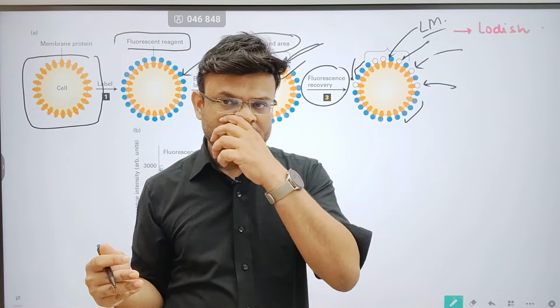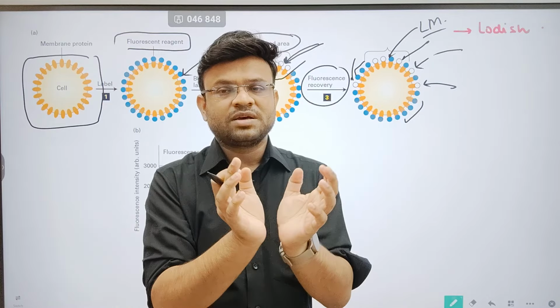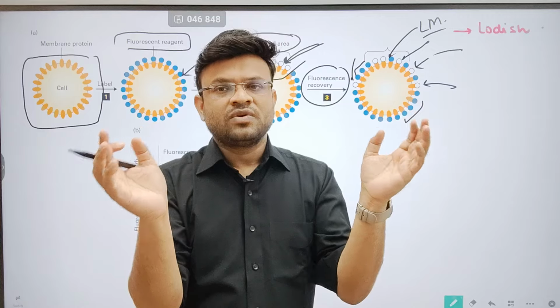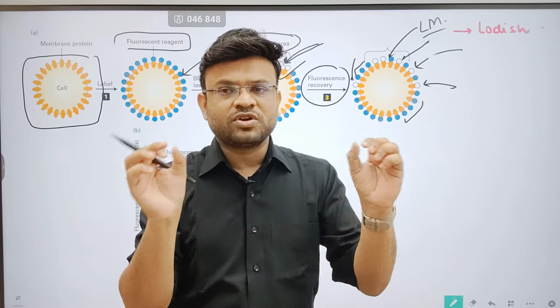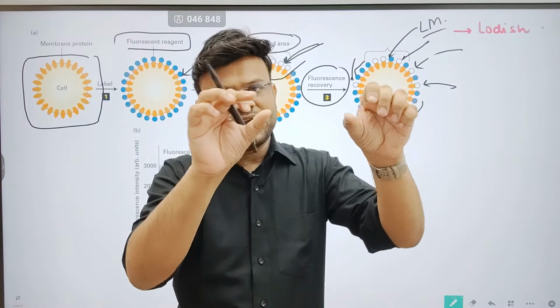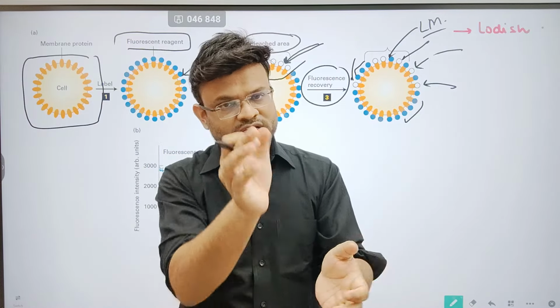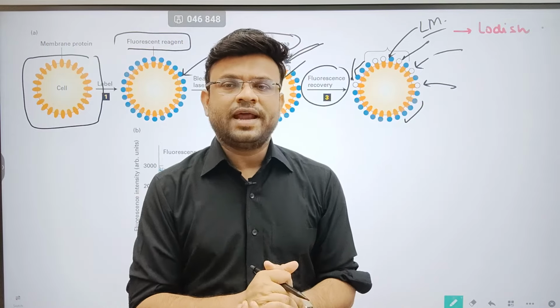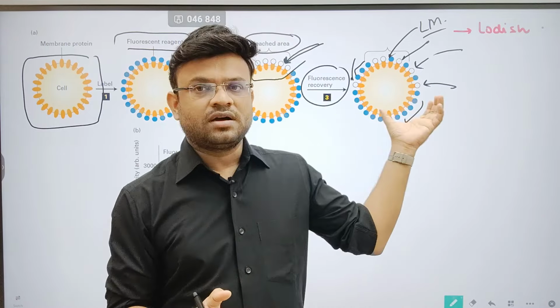Fluorescence recovery simply means that the bleached area, which previously was not emitting any fluorescence, would now start emitting fluorescence, because the labeled molecules have started moving in that area and the unlabeled molecules are also moving in other places. So there will be a mixture of the labeled and unlabeled molecules in the last diagram.